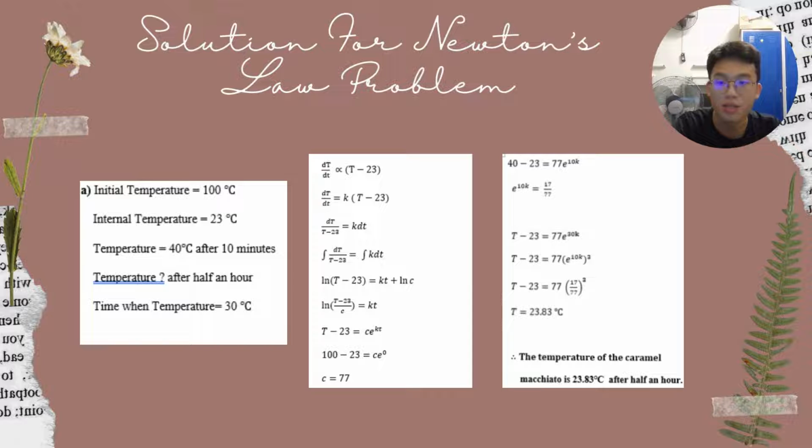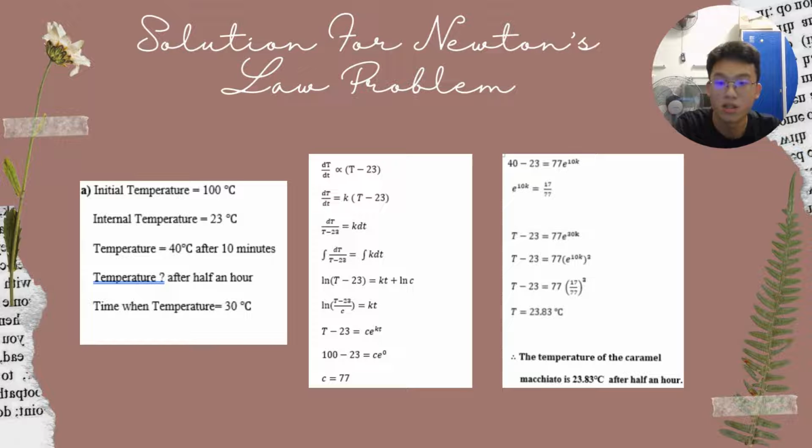Then T minus 23 is equal to 77 e to the power of 30k. We separate the 30k: T minus 23 is equal to 77 times e to the power of 10k, to the power of 3. Then T minus 23 is equal to 77 times (17 over 77) to the power of 3.